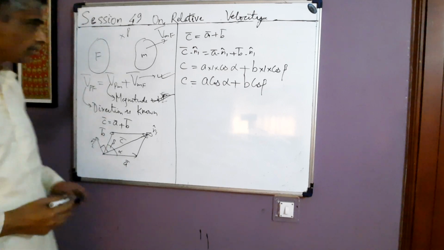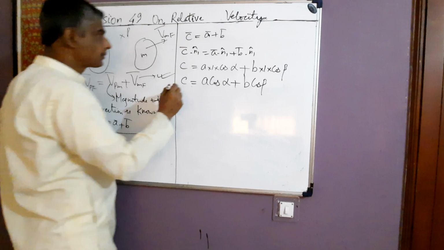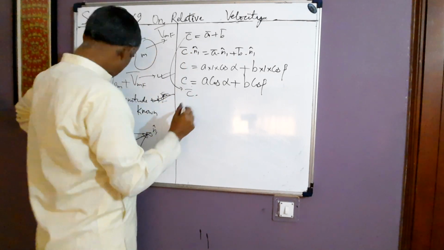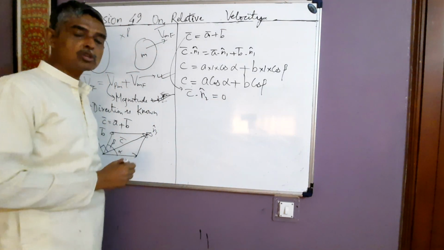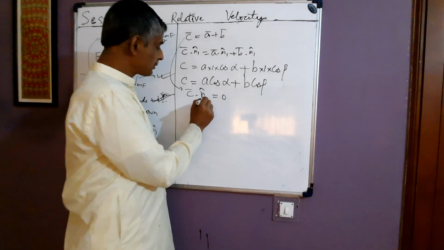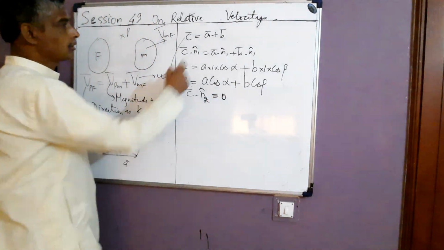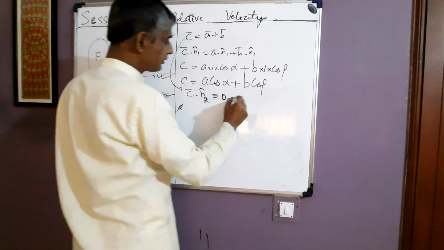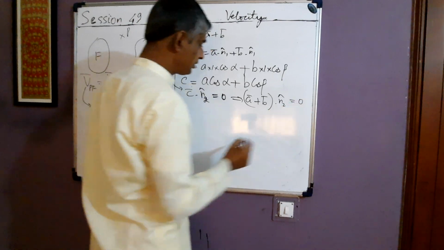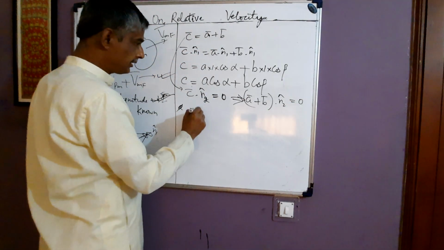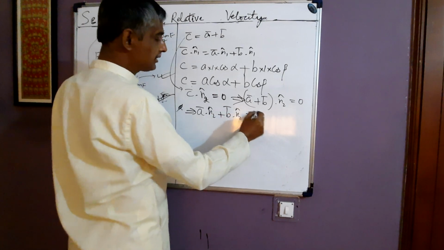This is one result, okay. But one more thing, n2 is a unit vector normal to n1 hat, that is normal to vector C. So C dot n2 hat is 0 because they are mutually perpendicular, and the dot product of two mutually perpendicular vectors is 0. Now instead of C we write A plus B. So A plus B dot n2 hat is 0. This means A dot n2 hat plus B dot n2 hat is 0.